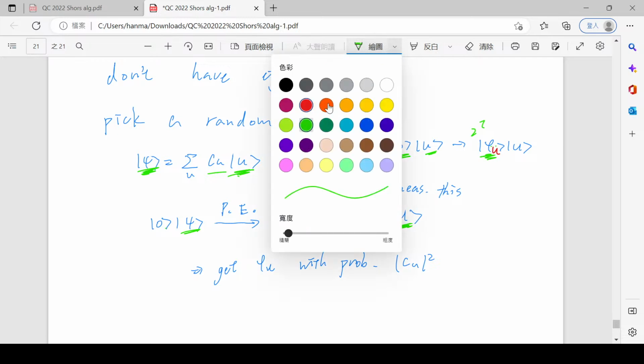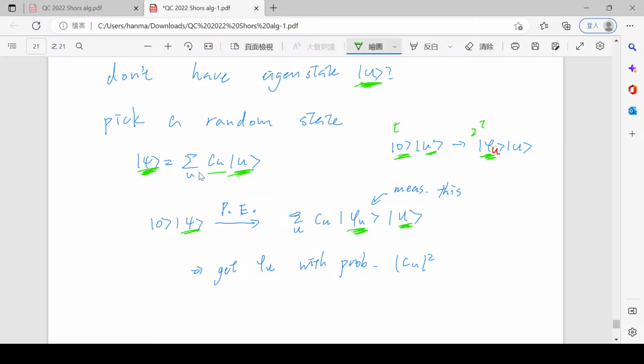And by linearity, if you have this summation over different U on the second register, then it's just the summation over U of this entangled state with psi U. And now if you get this state as output, then you measure this first register, and you will just get a random psi U, with probability of the amplitude squared.